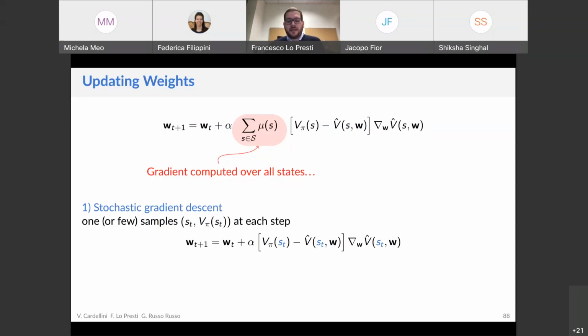So we don't have the summation anymore, and we can just focus on a single state at each step, and we compute the approximation error for that specific state.